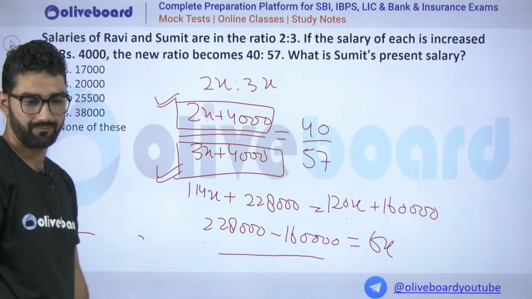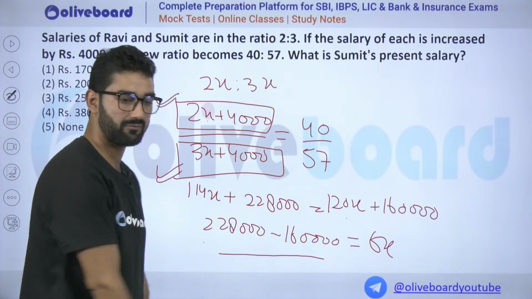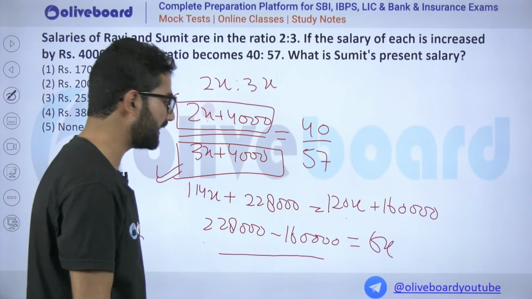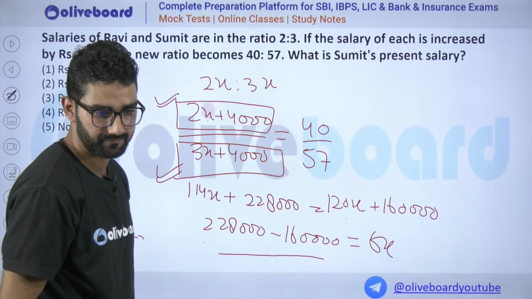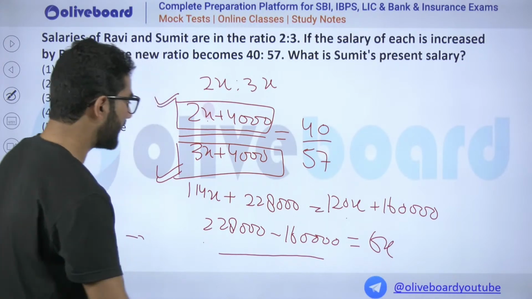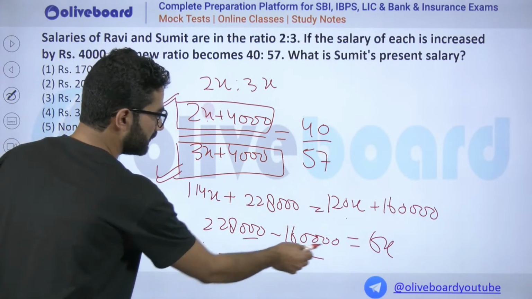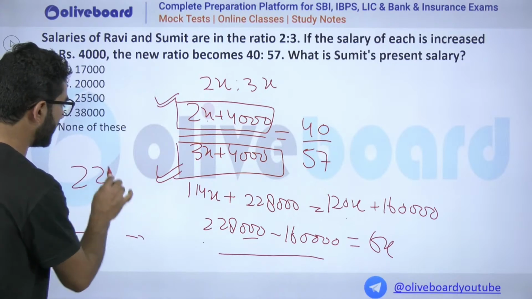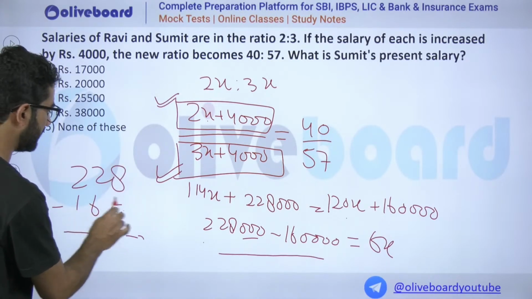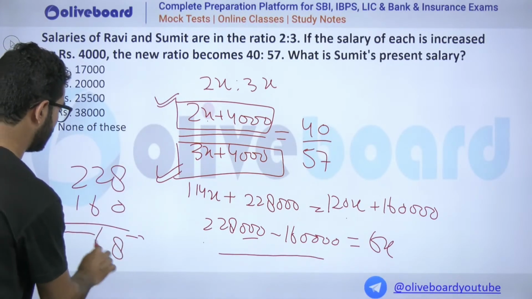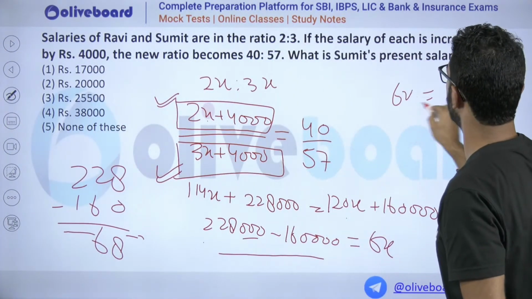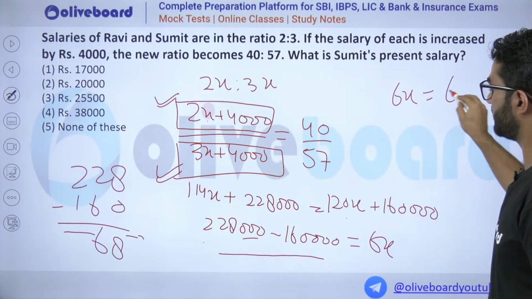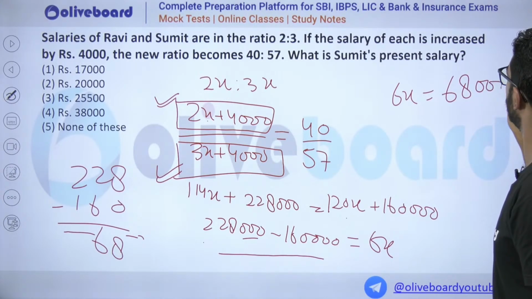Please tell me, what will be the difference between 228 minus 164 times 0? You can also leave the 3 zeros. You can say 228 minus 160, that is 68. So how much? We got 6x, that is 68,000.